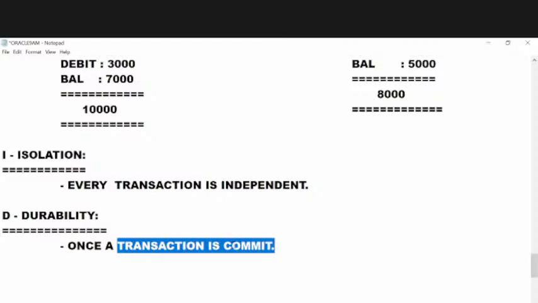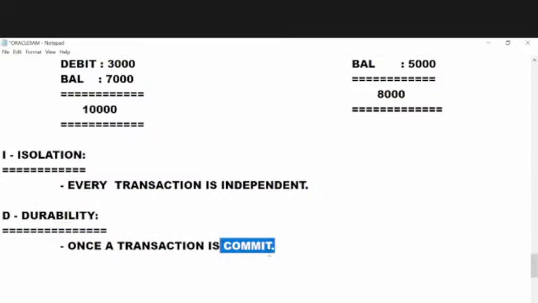Abnormal means unexpected things, like a system crash, your database server crashing, your database collapsing, anything. But your transaction will not be affected, because it is already committed. Once committed, whatever happens, it does not affect your transaction. That is what we call durability.